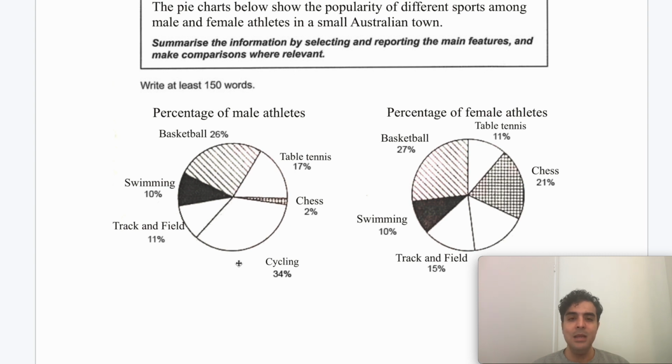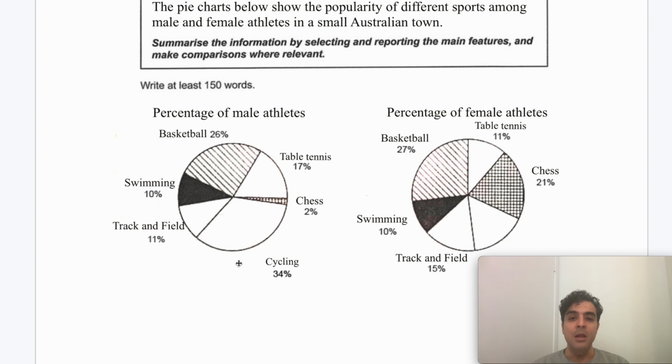Can I see how the percentage of male athletes who are playing basketball has increased, or decreased? I don't know. The pie charts don't show us that information. All they do is allow us to compare across categories.